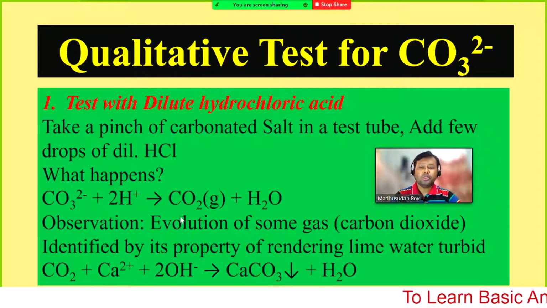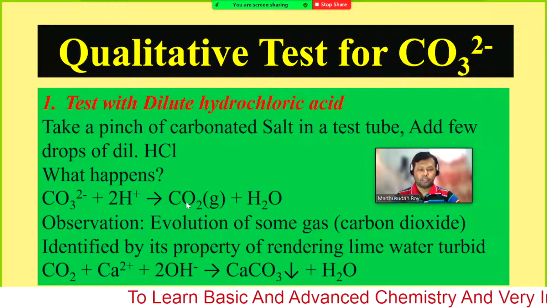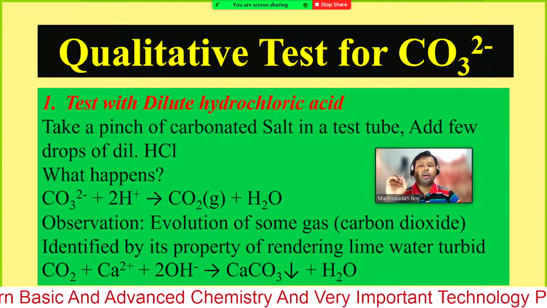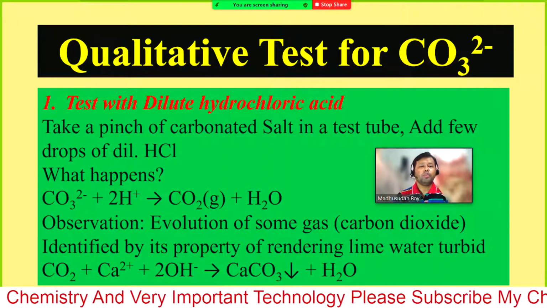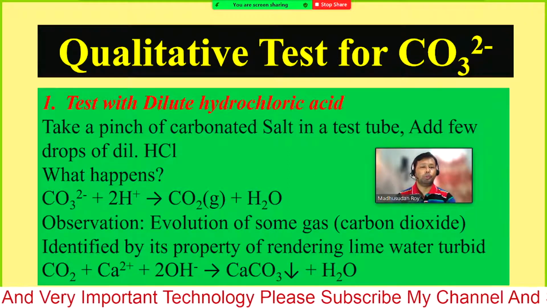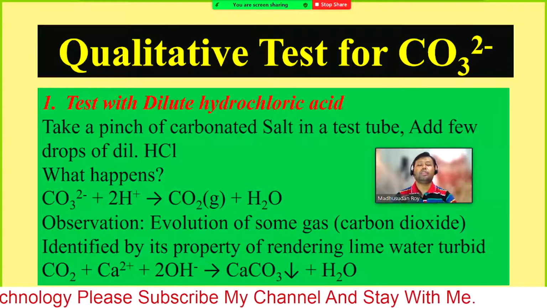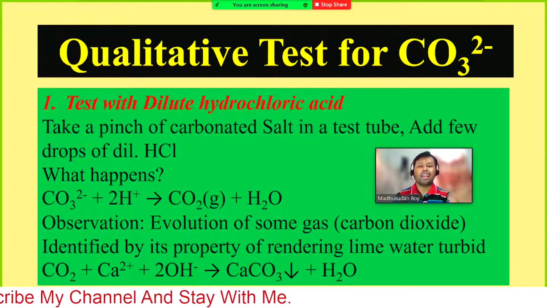So how can you pass the carbon dioxide through the calcium oxide or lime water solution? You have to make some arrangement, or we will provide you sometimes a bent tube or U tube, so that you can take the gas through the tube and then pass it through the lime water.